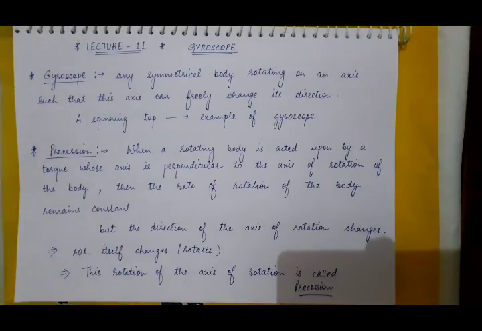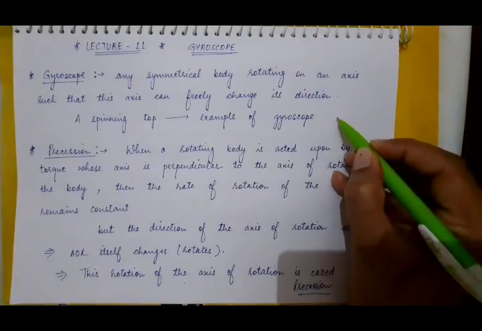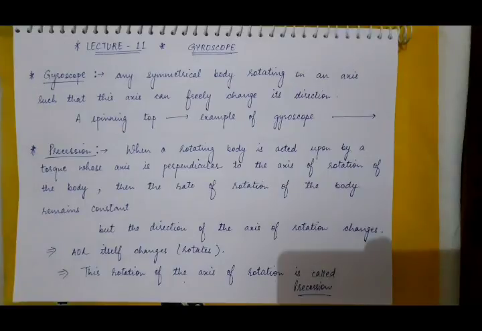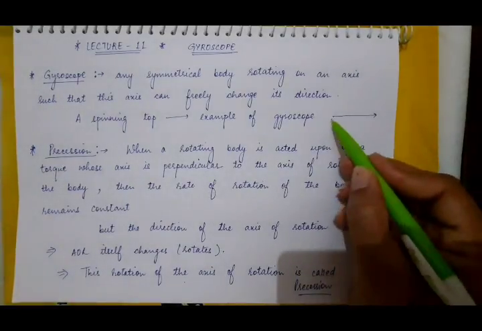So what is precession? When a torque is applied on a rotating body. How? Suppose you have a rigid body which is rotating about this axis.